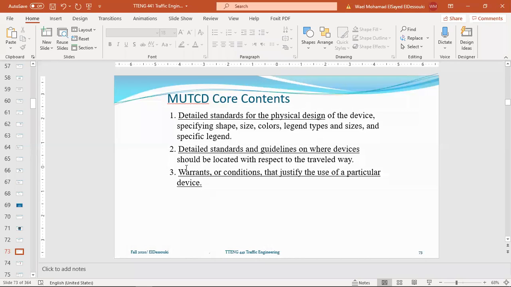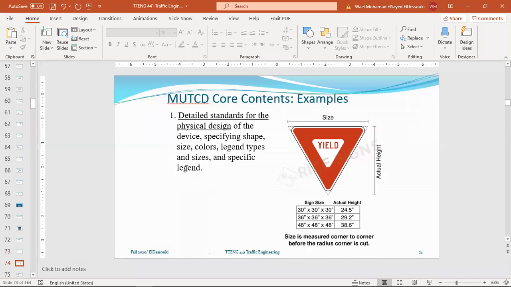These are the conditions that justify the use of a particular device. Again, the core contents of the MUTCD detail the standards for the physical design of the device, size, color, then the detailed standards for the placement of the device and the warrants for using and guidelines for using these devices.